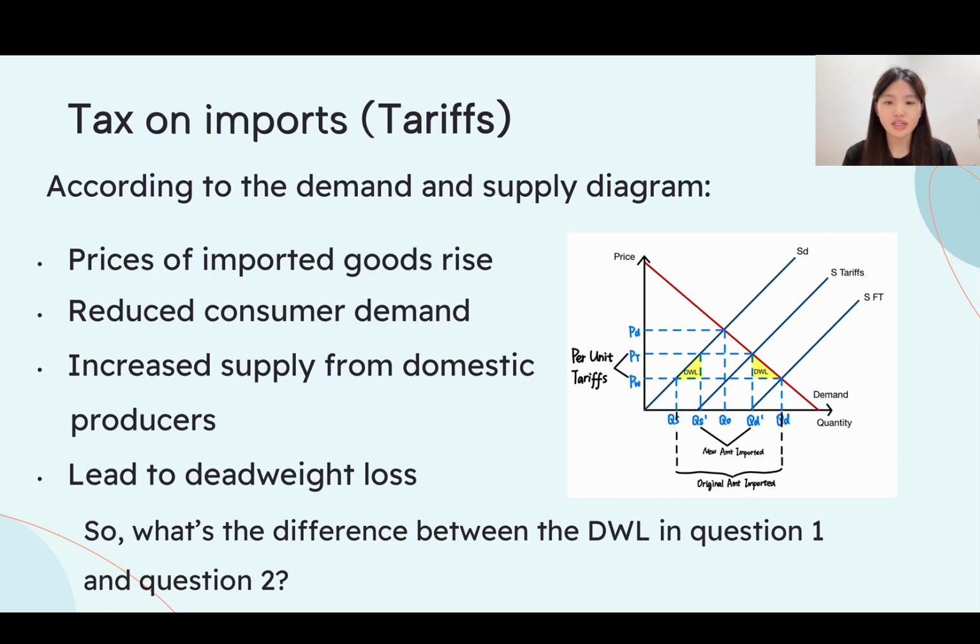Whereas import tax is caused by the fact that imported goods have become more expensive, resulting in less consumer demand for imported goods, a phenomenon that propels domestic producers to raise their prices, leading to deadweight loss.